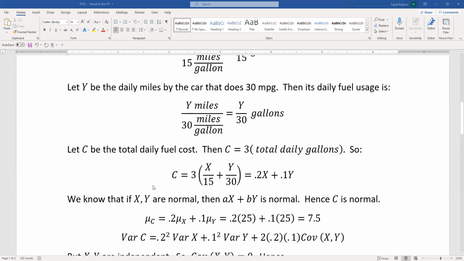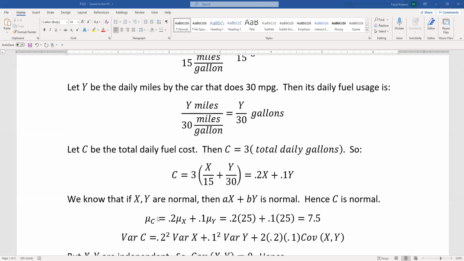And now we have to find the probability that this C is less than 7. First let's look at what C is. It's a linear combination of two normal variables, X and Y. We know that if X and Y are normal, then aX plus bY is normal for any constants a and b, and therefore C is normal.